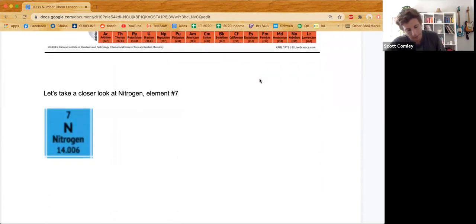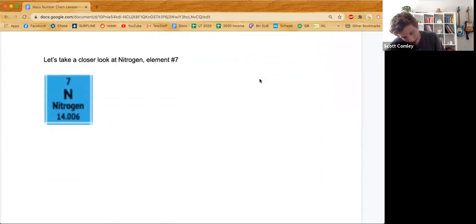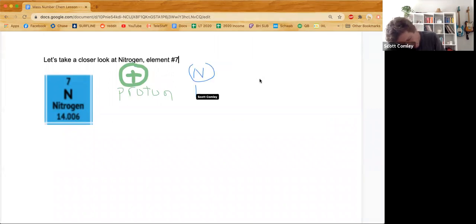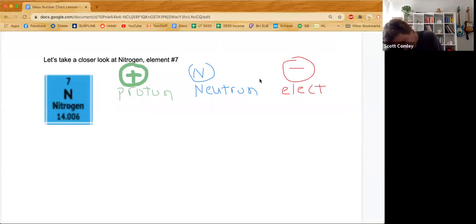Every atom has 3 different parts. I'm going to do a plus sign for protons, an N in a circle for a neutron, and I'm going to put the charges on these as well. And then a negative sign for an electron.